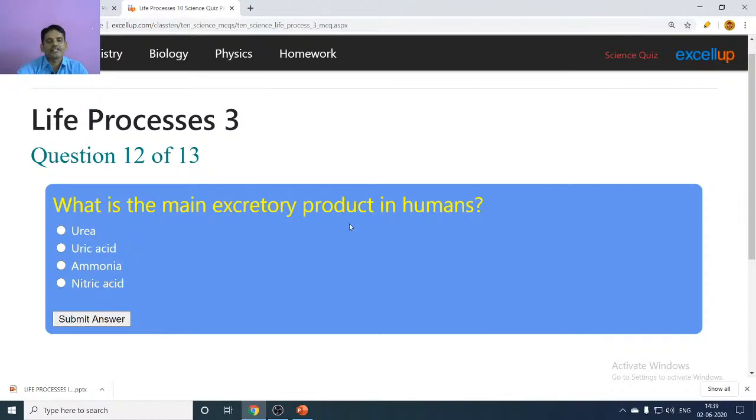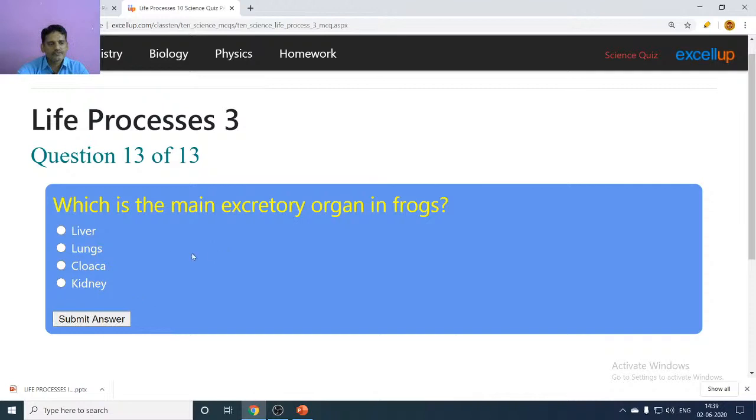What is the main excretory product in humans? We are ureotelic, so our excretory product is urea. Last question. Which is the main excretory organ in frogs? Frogs are vertebrates, so kidneys are the main excretory organs.